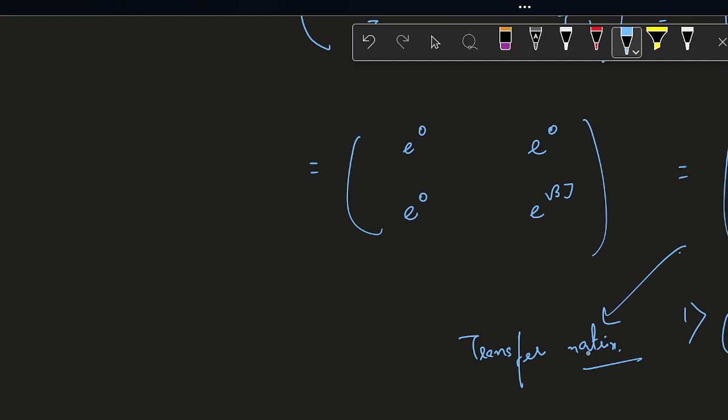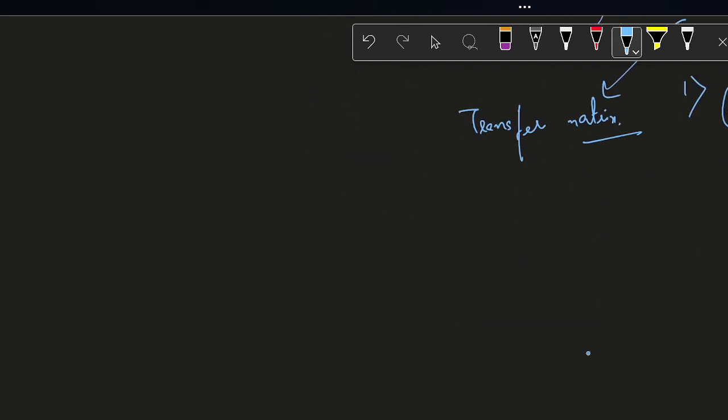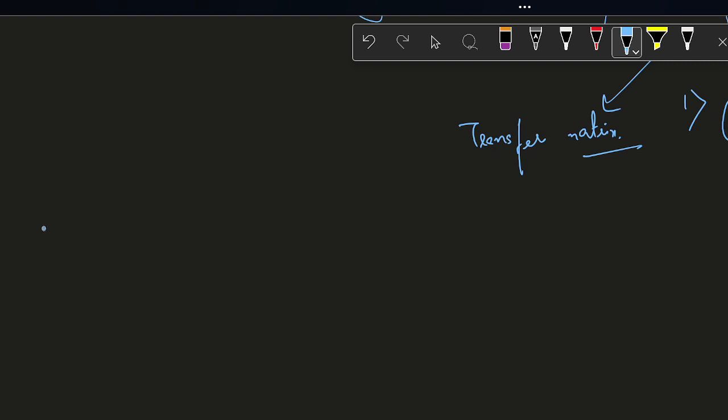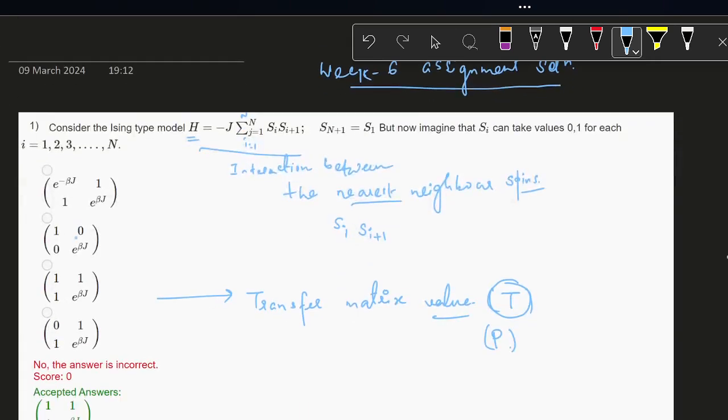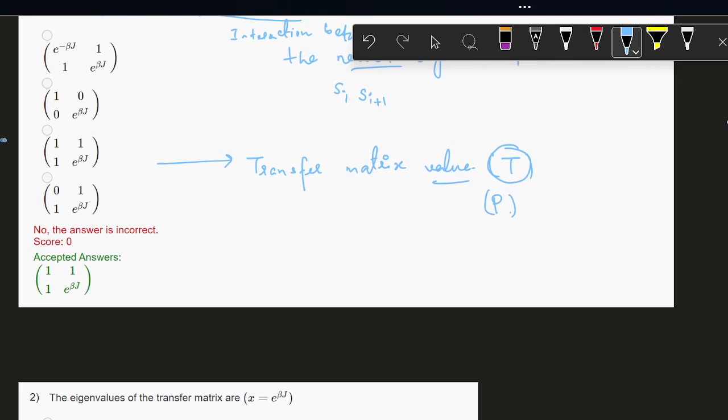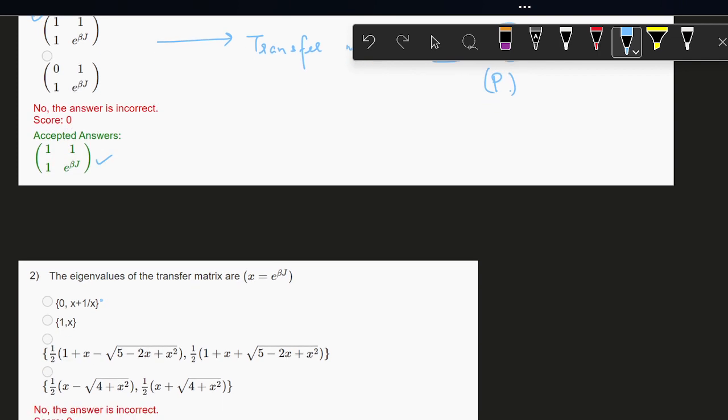What you have been asked next is the eigenvalues of the transfer matrix. So this is easy. You can get the eigenvalues of any matrix, and we'll use that here. So what was the question? Let us go back. This is done. This is option number C, it matches with the answer.